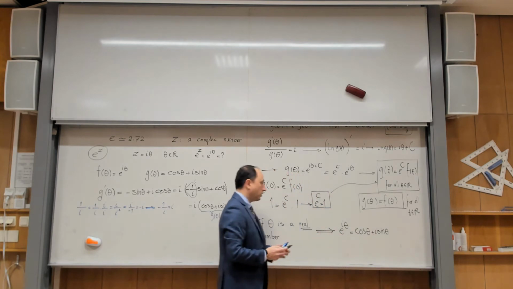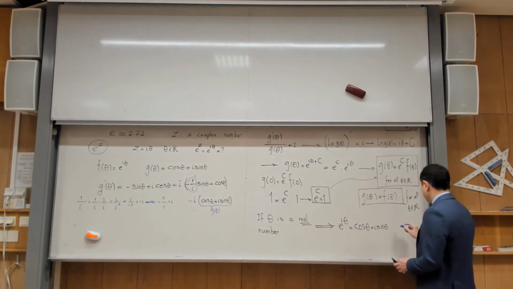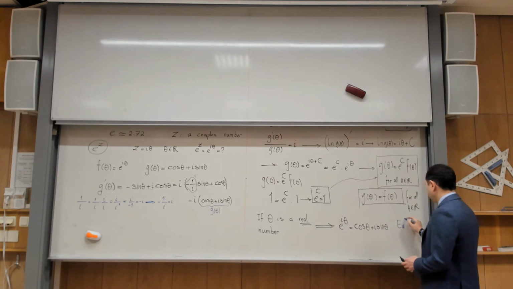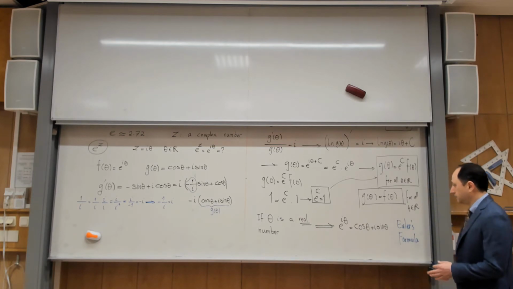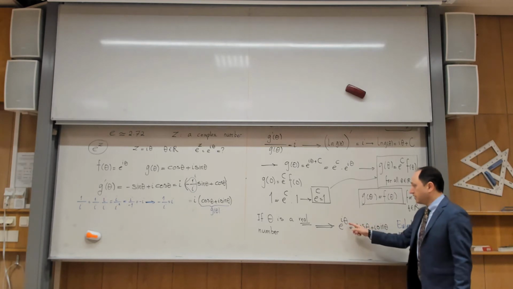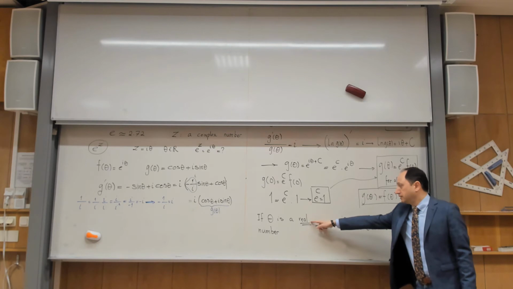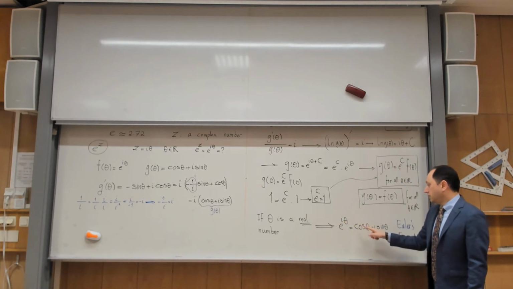This is called Euler's formula. So this tells you that if you have a theta, a real number, I have emphasized here, e to power i theta becomes cosine theta plus i sine theta.